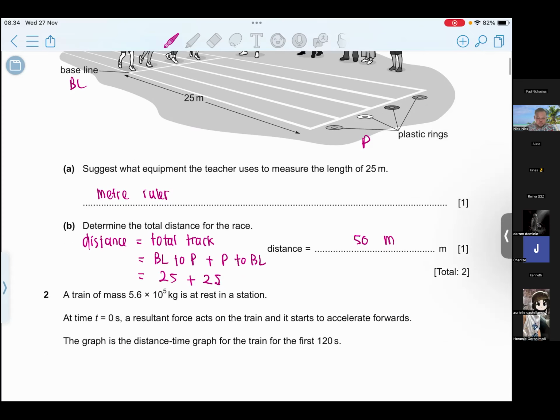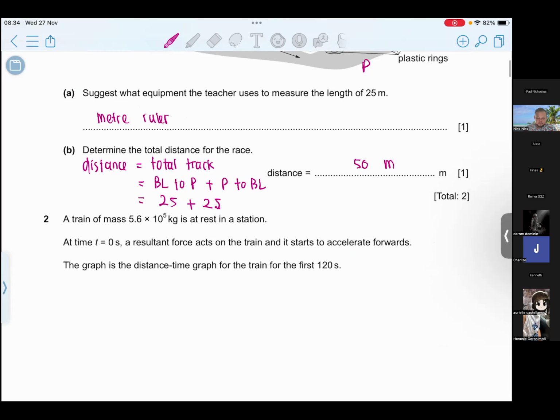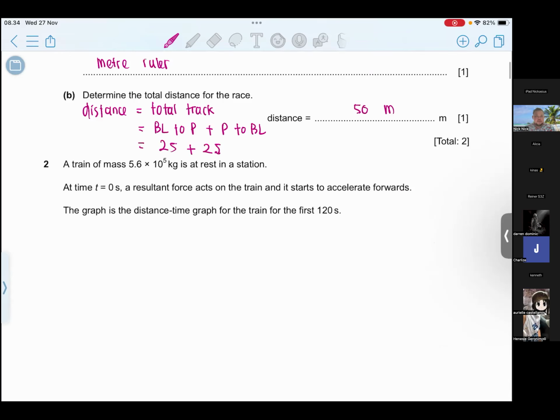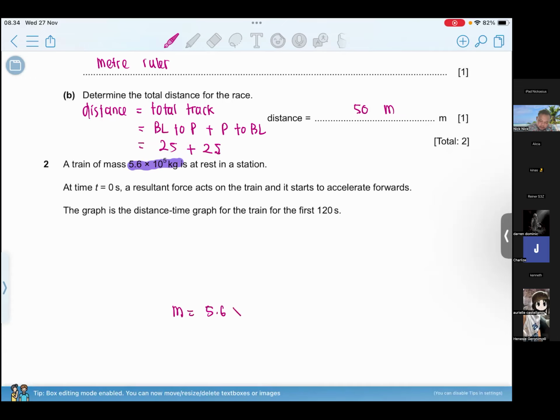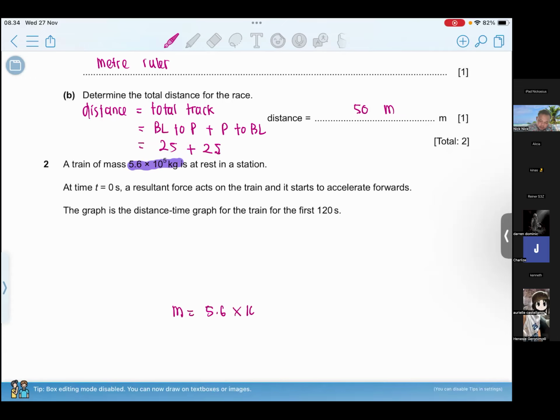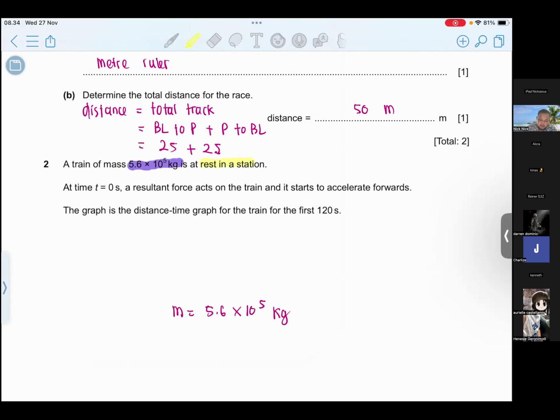Number 2. A train of mass M, which is 5.6 times 10 power 5 kilograms, at rest. Please underline this, at rest. At rest means initial velocity U equals 0 meters per second.